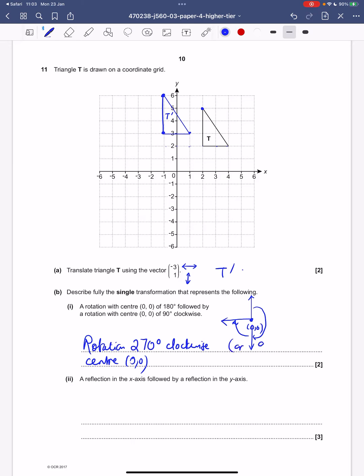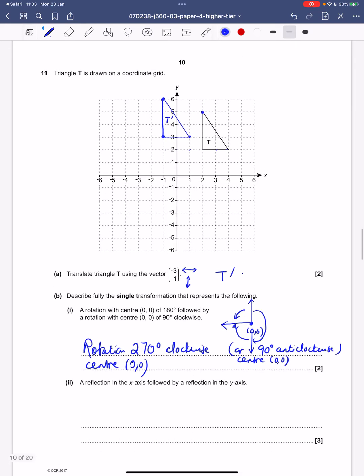You could also say 90 degrees anti-clockwise with a centre 0, 0 as well. Okay, so you don't really need to do that to the triangle above because you can see what's going on quite easy.